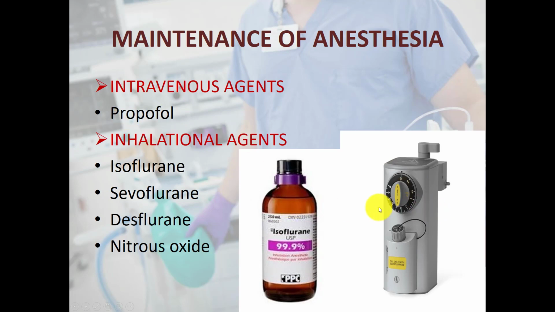Here you can see an inhalational agent, which is liquid at ambient temperature, and we have to put this liquid into the vaporizer. This vaporizer comes with every anesthesia machine, but remember that vaporizers are specific to the drug used. If I have to use isoflurane, I have to use the isoflurane vaporizer. I cannot use the vaporizer of any other drug.